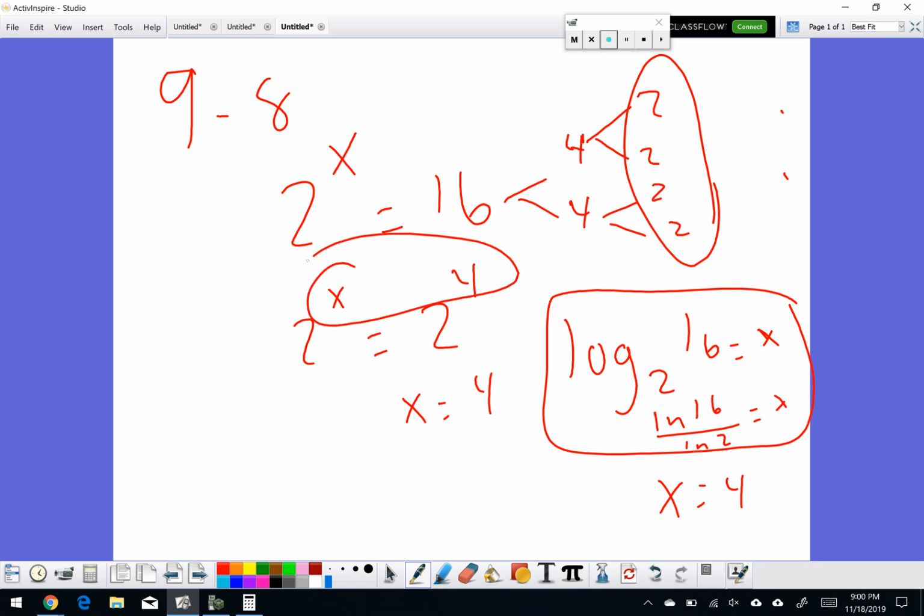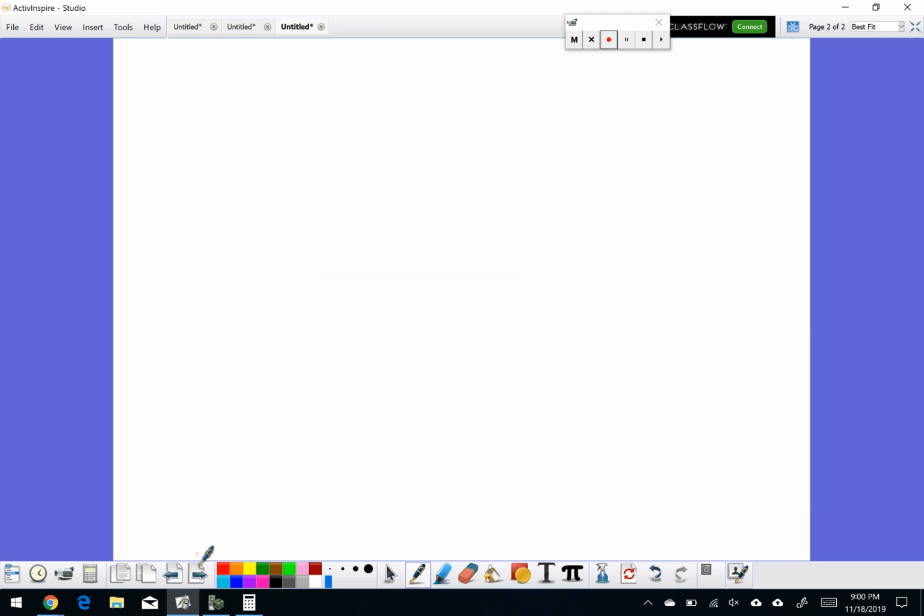Okay, that's a way to do it, but we don't necessarily always work that way when we're solving these. Like we brought up before, how do we solve 3 to the x equals 10? Once again, that's not something I can break down into base 3. So with that being the case, I put it as a logarithm.